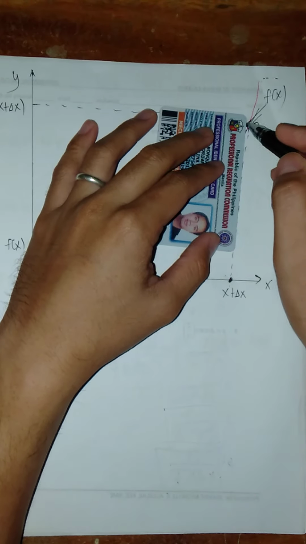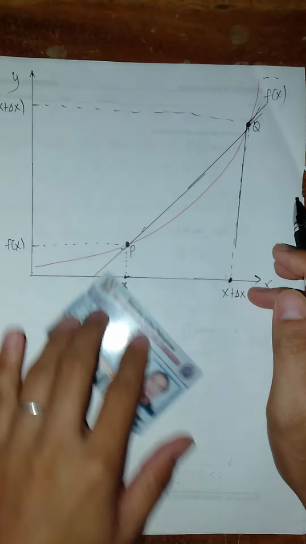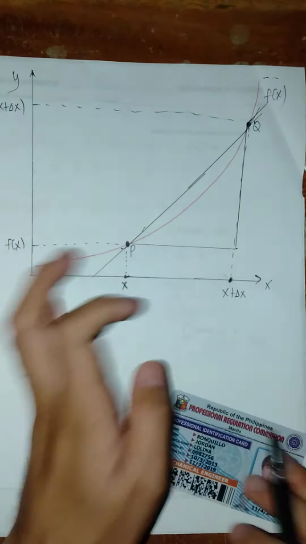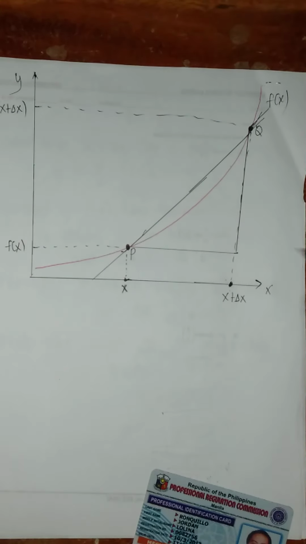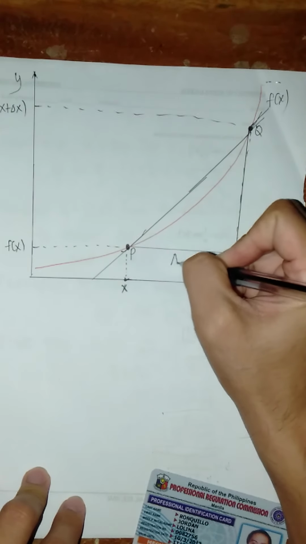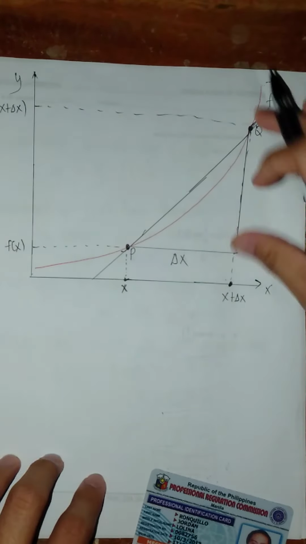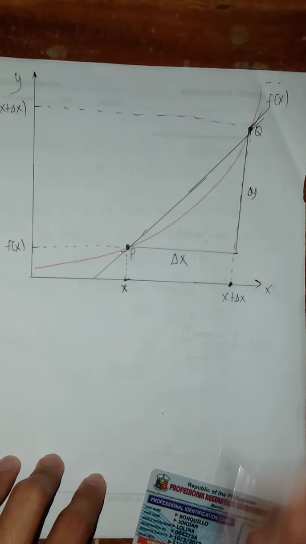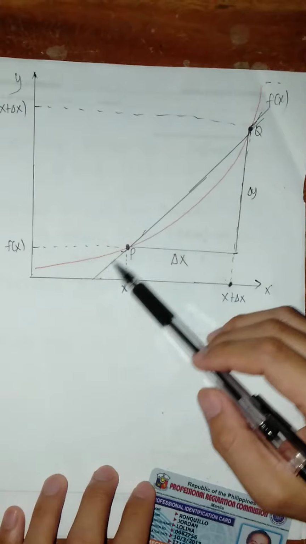So, applicable yung concept ng slope dito, which is yung delta y over delta x. So, pwede yan, since line naman yan eh. So, this distance is your delta x. Tama? Ito yung delta x. And how about this one? It is your delta y. Diba slope? Slope nitong secant line.